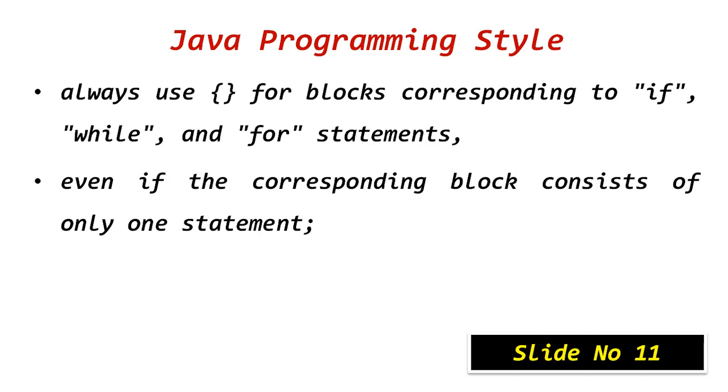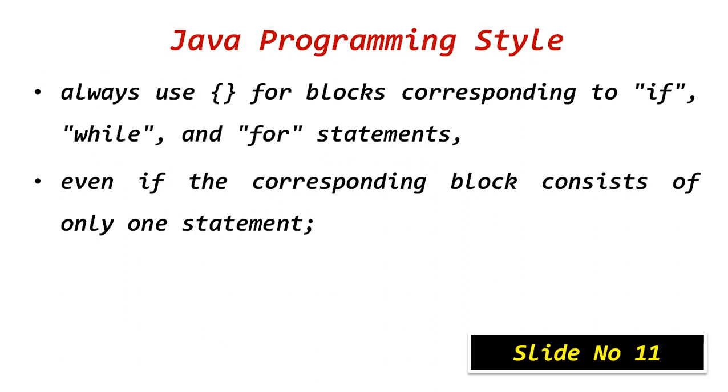Always use curly brackets for blocks corresponding to if, while, and for statements. While we design a program, suppose I am writing code inside a for statement, then I have to use curly brackets. Start the curly braces, open bracket, and then close bracket is required. Inside that, I have to write the code for the loop. Similar is the case for an if else statement.